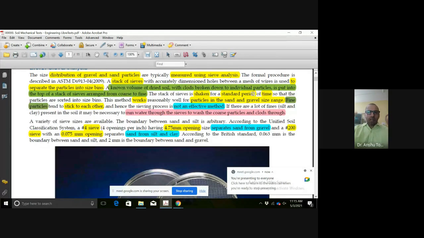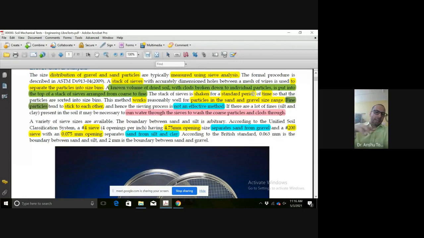Actually, all these stacks of sieves are put on a rotary vibrator, a mechanical arrangement, and we define the time limit, such as 5 minutes. So we switch on the vibrator for 5 minutes, and the sieves continue to shake, and accordingly the sample disintegrates into small pieces.